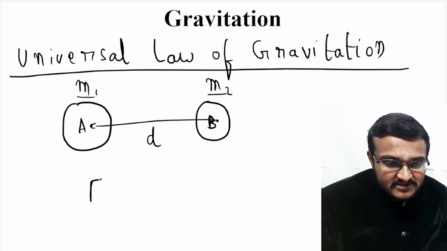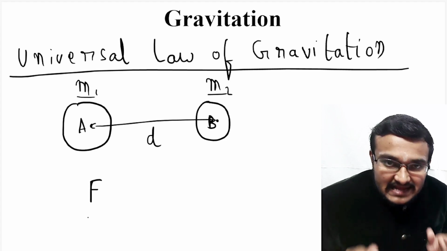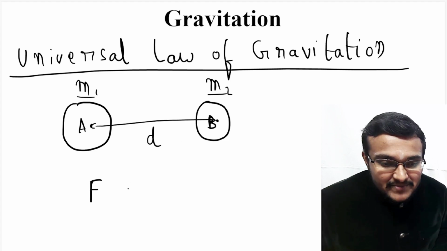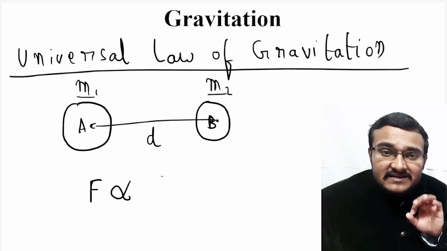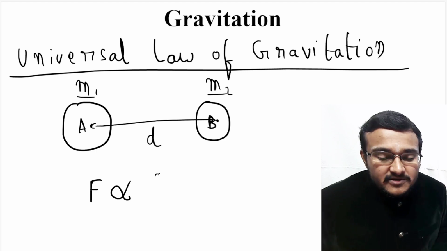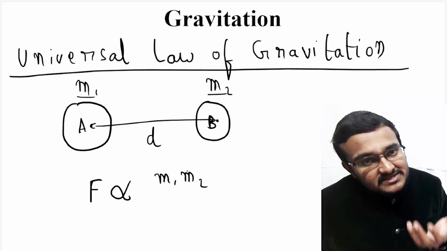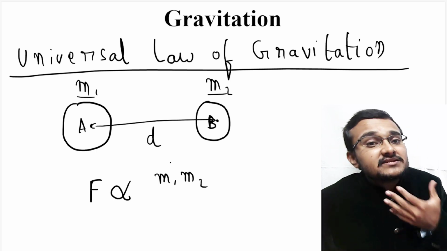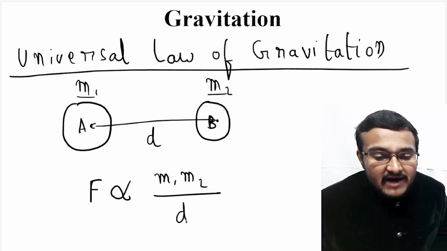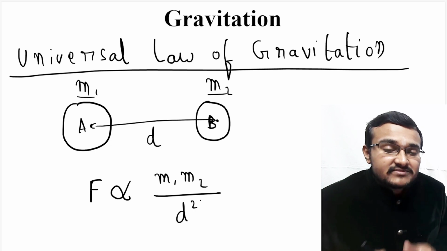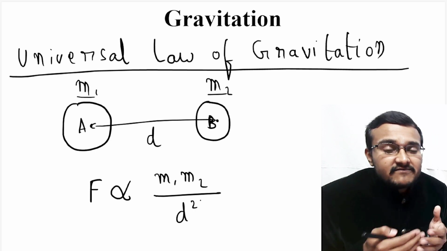So here, if you consider gravitational force as capital F, then F is directly proportional to the product of masses. So how big the mass is, that much will be the gravitational force, and how far the objects are, that much weaker will be the gravitational force.